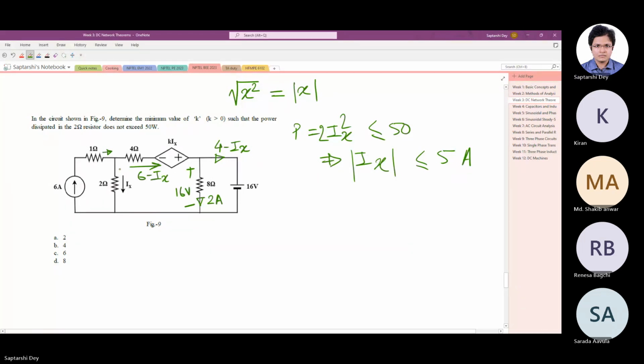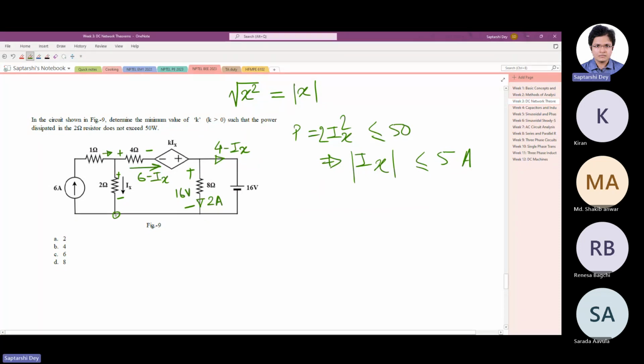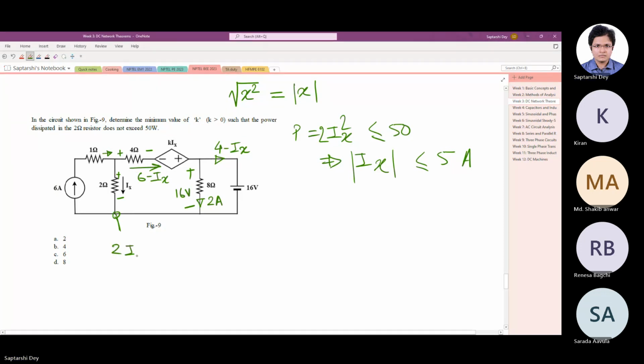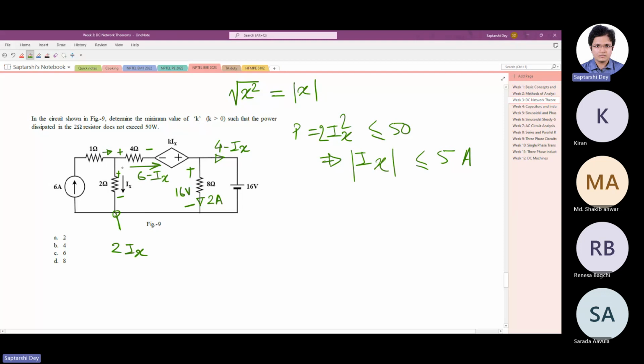And we will draw the voltage polarity. Then we will write KVL. Start from here, this point. So increase in voltage, 2Ix, increase in voltage.